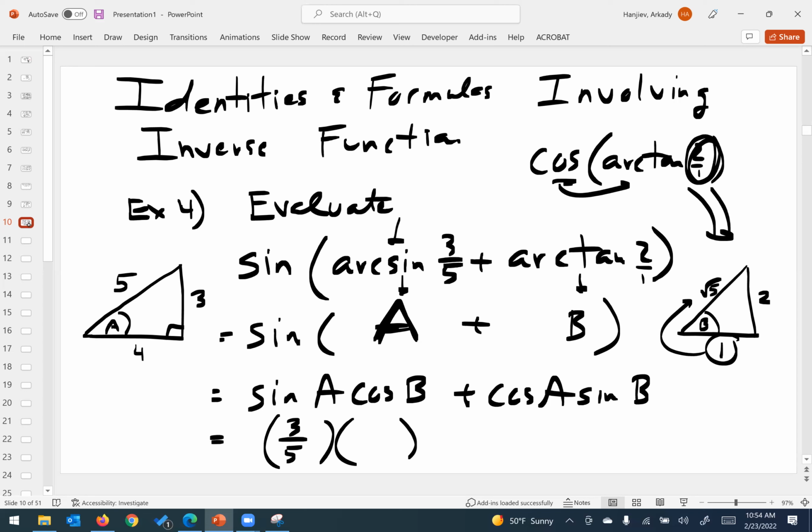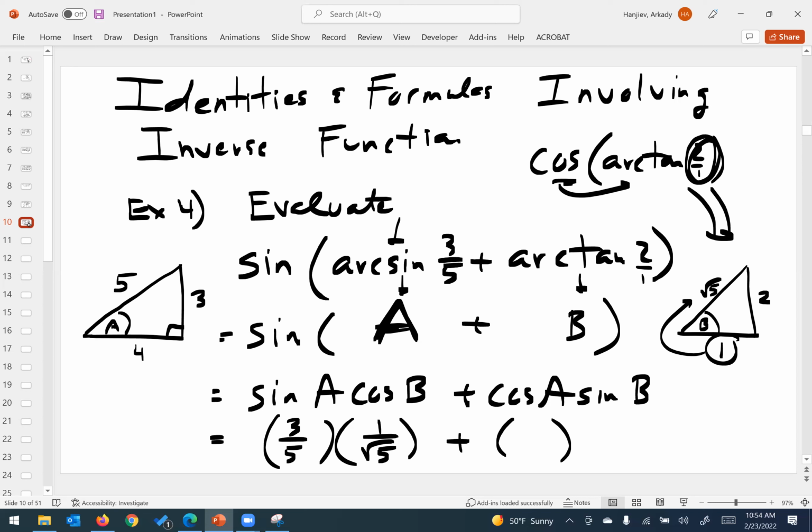You're going back to the fundamentals: sine is y over r, cosine is x over r, or adjacent over hypotenuse.